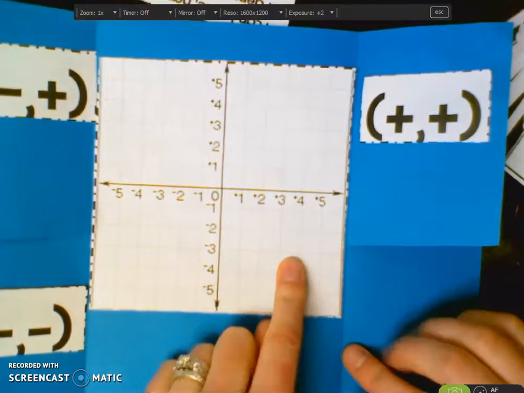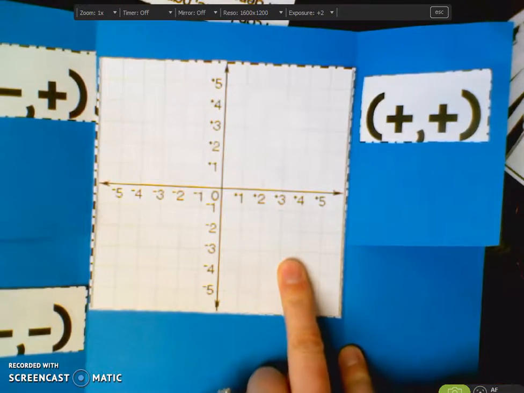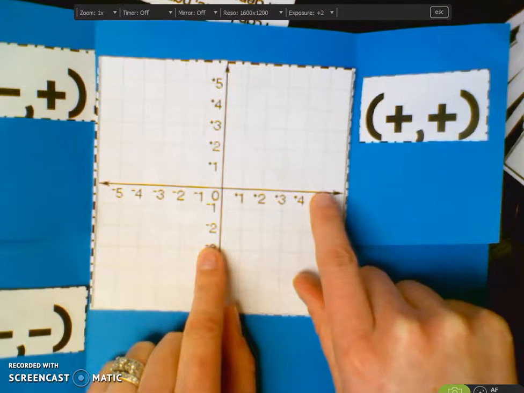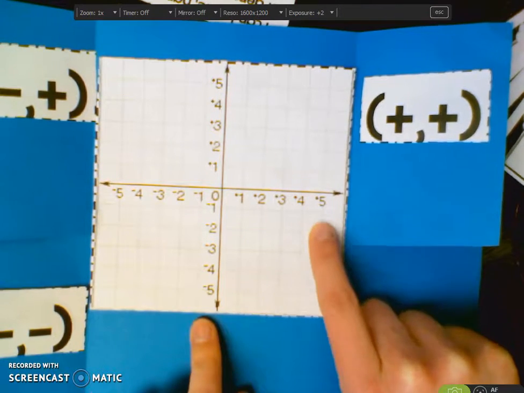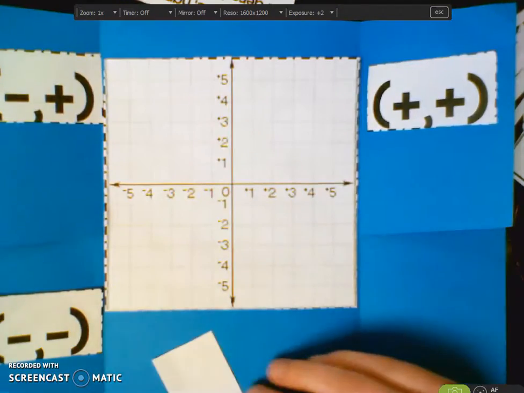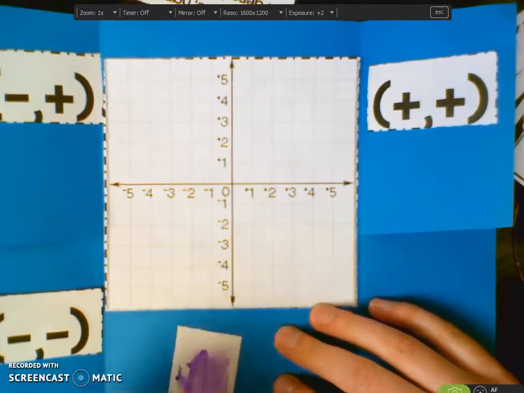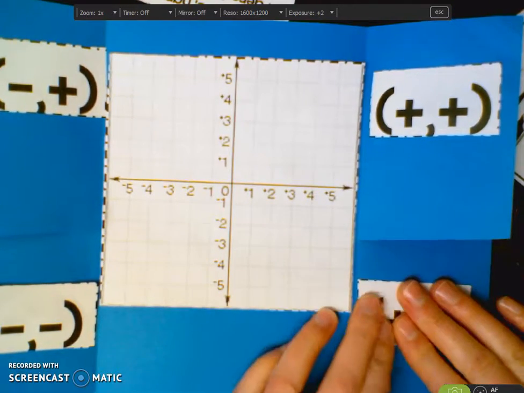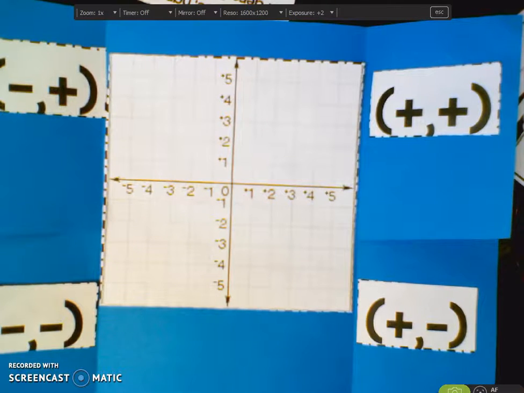Lastly, quadrant 4, we would be graphing our x first, which is positive, then graphing the negative. So this would be a positive, then negative.